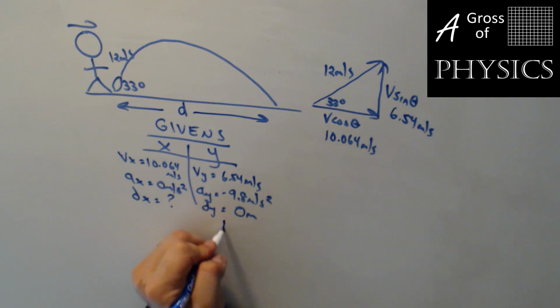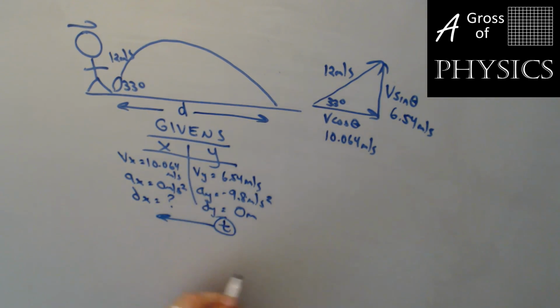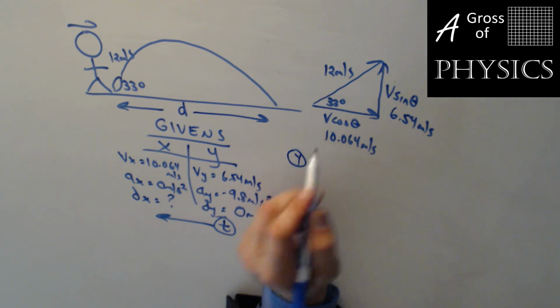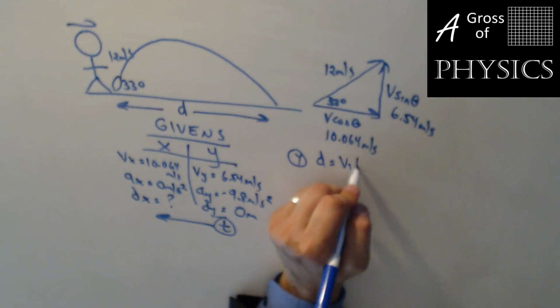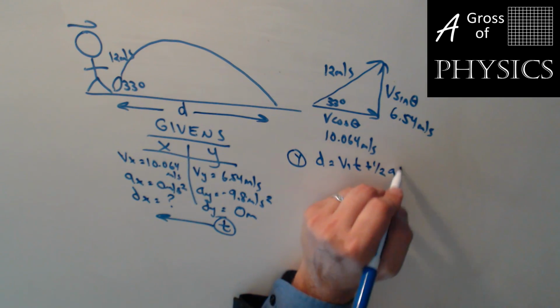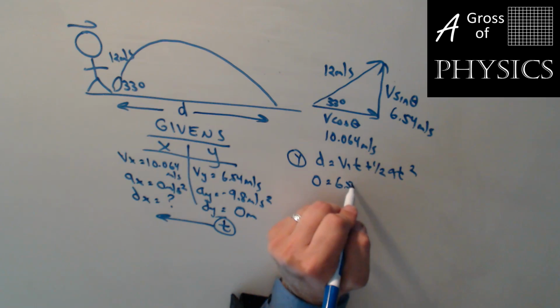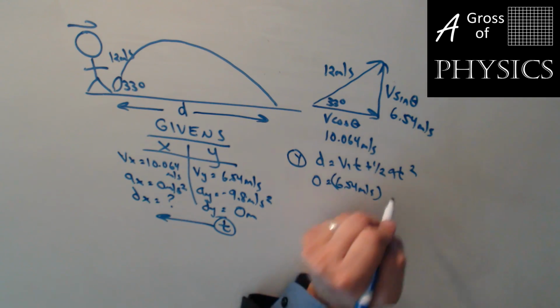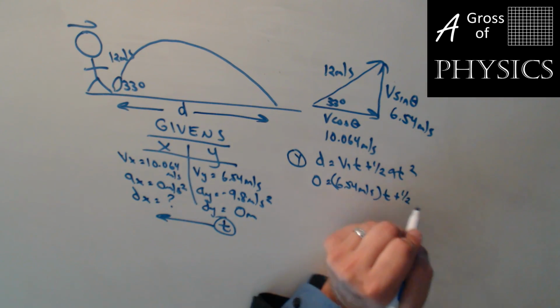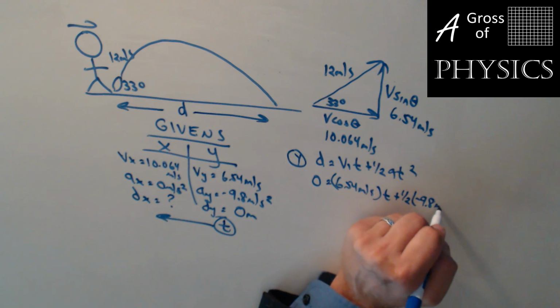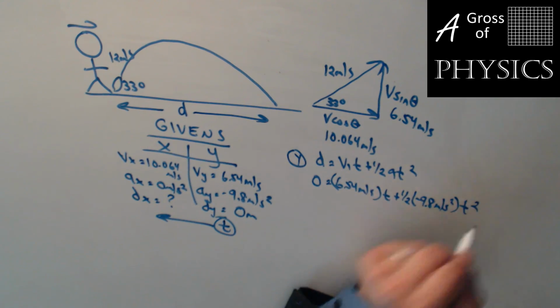So in the y direction, where I know more information, I'll find time, and I'll substitute that into the x direction. For the y, d equals vit plus 1/2 at squared. 0 equals 6.54 times t plus 1/2 negative 9.8 t squared.